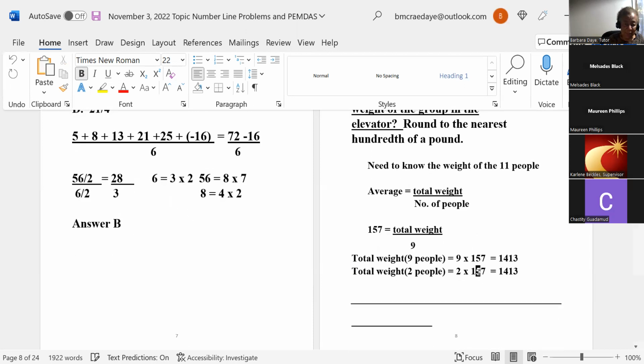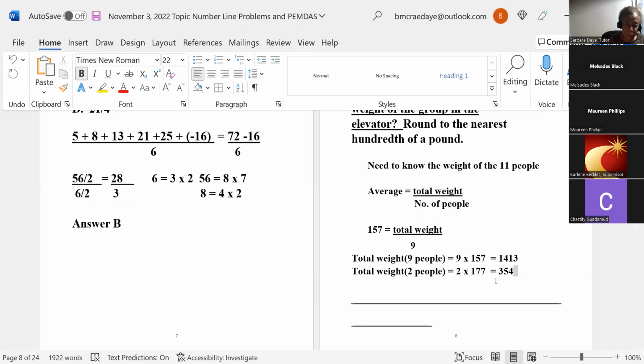So put the 177 here. And that gives you what? 2 times 177. 354. That's right.